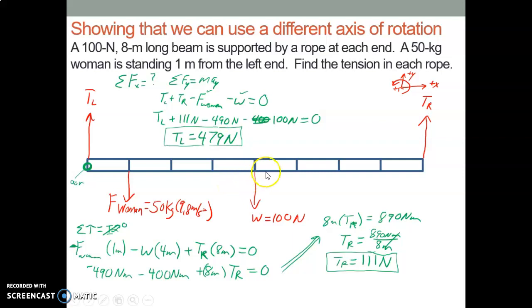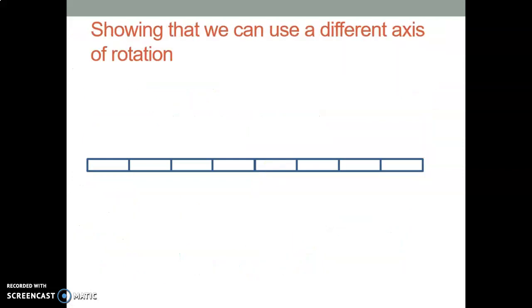But we can do this using a different axis of rotation. And let's go ahead and try that. Here we go. We're going to do the same problem. Say, all right, we've got TL, and we've got our 490 newtons and 100 newtons and TR.